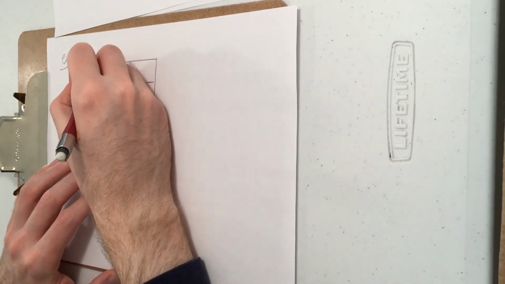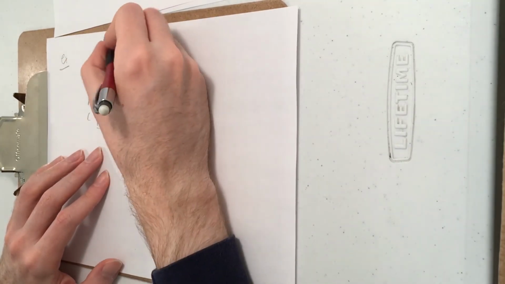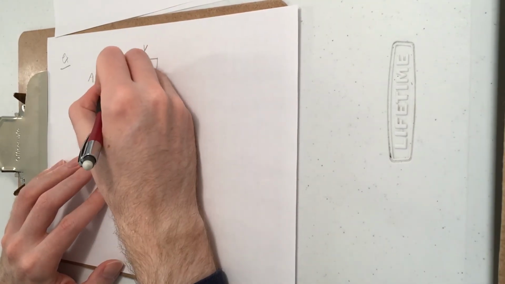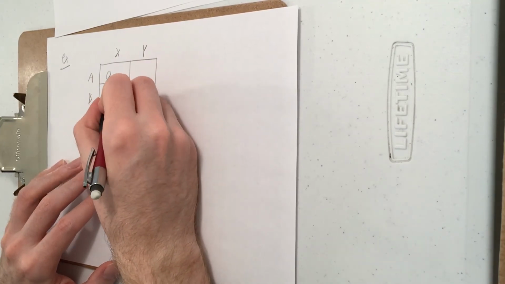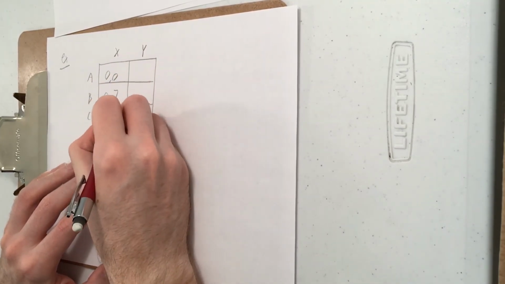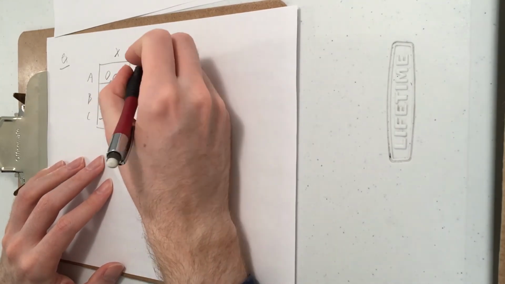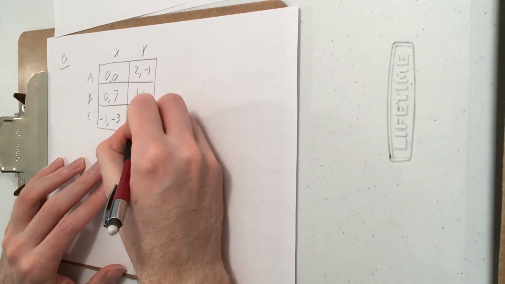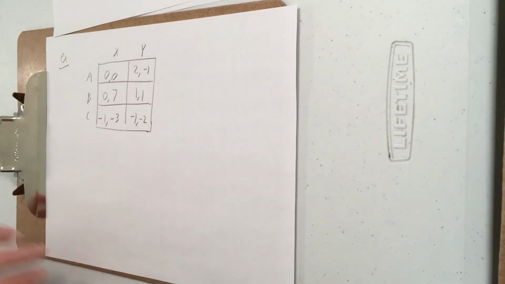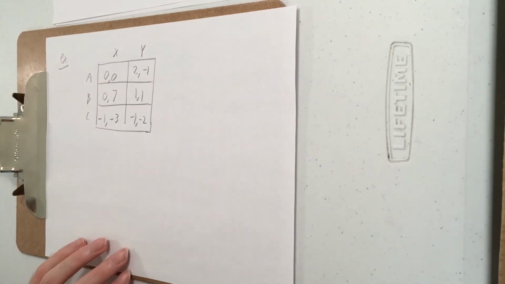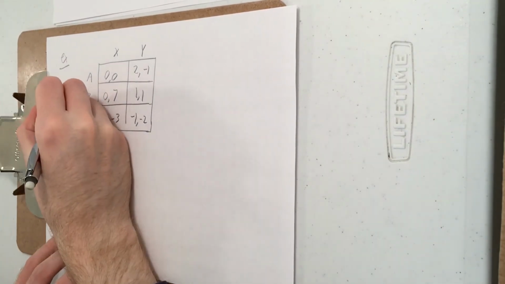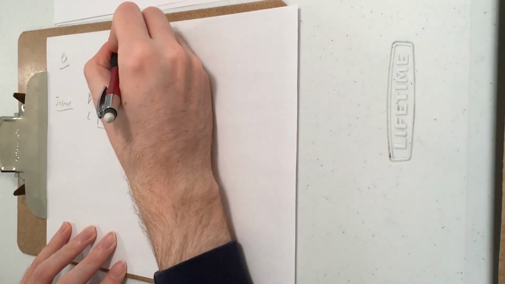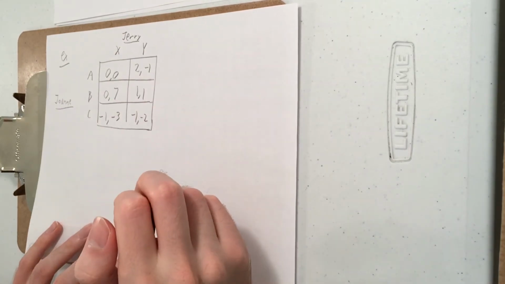So let's say our row player can play A, B, or C, and our column player can play X or Y. And let's say the payoffs are as follows. Let's see, who are my row and column players? Let's have Joanne be our row player, and Jerry is our column player.